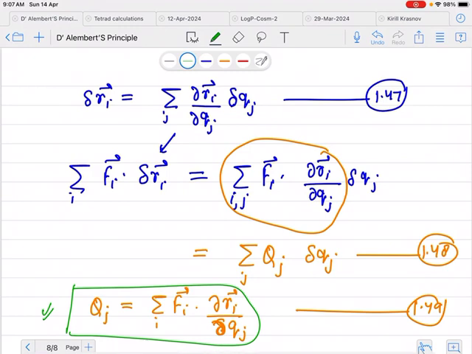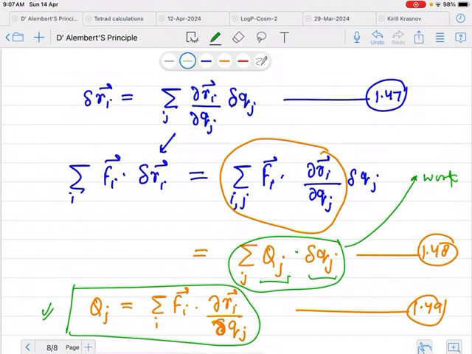But Qi and Qj should always have the dimension of work. So this completely has the dimension of work, not necessarily the dimension of force or length.